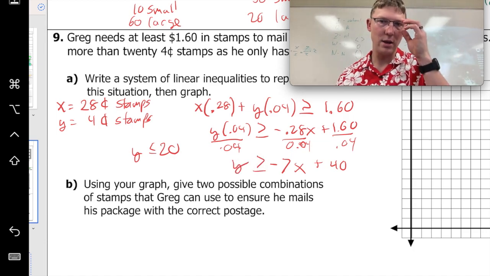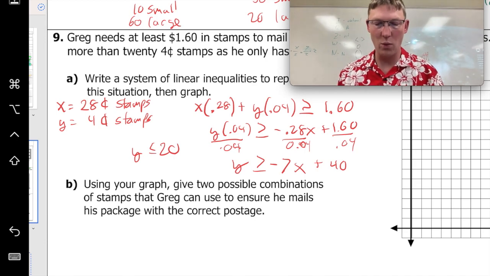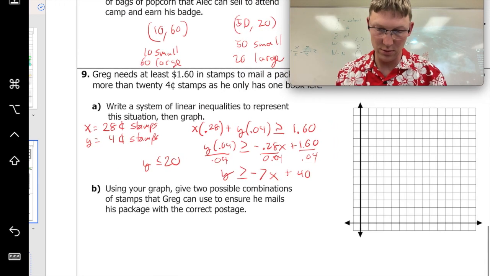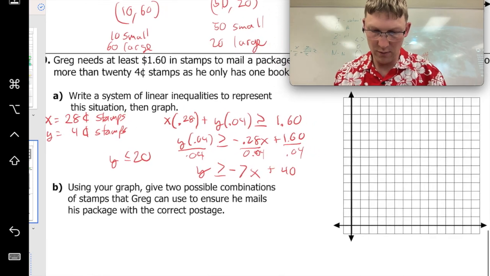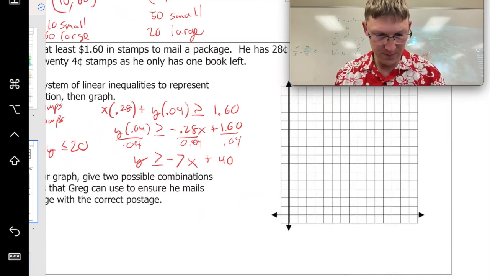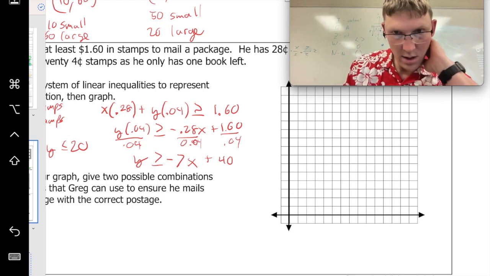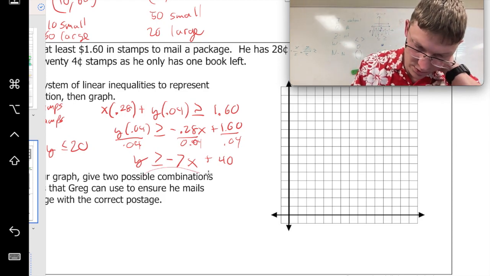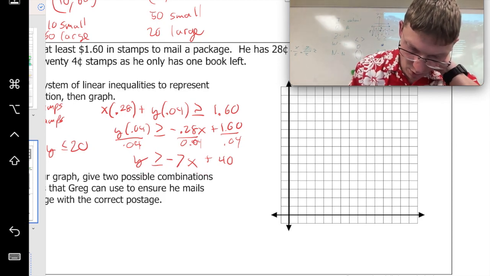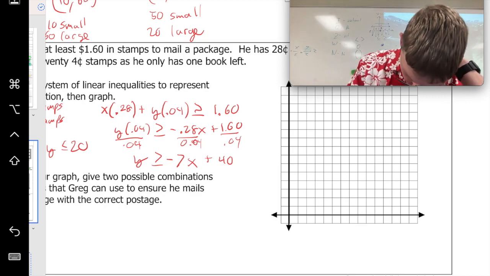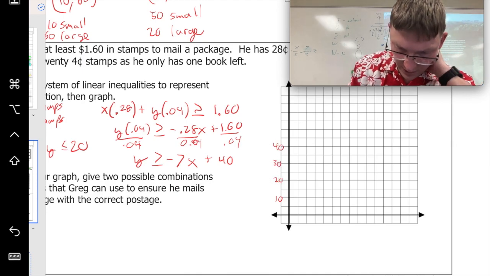Okay, so now we can graph those and we can figure out what Greg should do. So here we go, moving over to our graph. So we're going to graph that guy first. Our y-intercept is going to be 40. So we're going to go up by 5s again. So every other one, 10, 20, 30, 40.